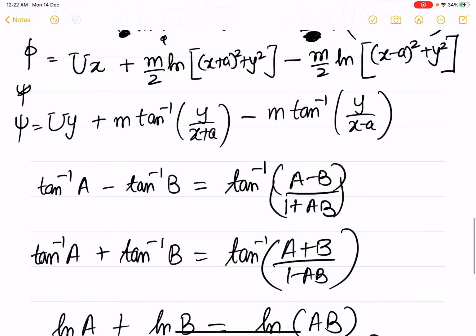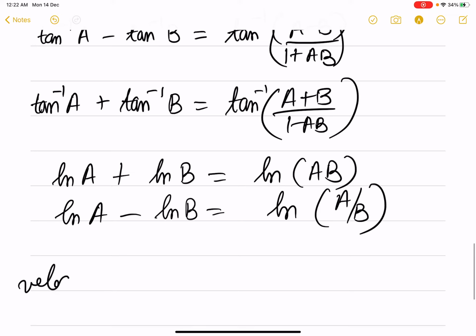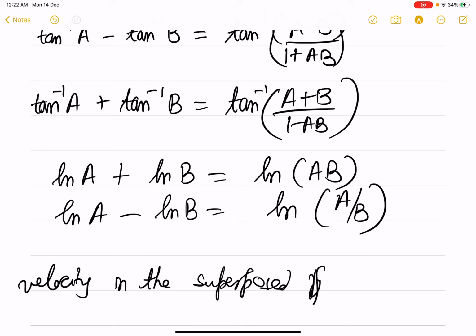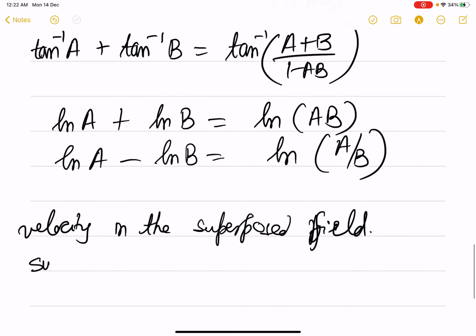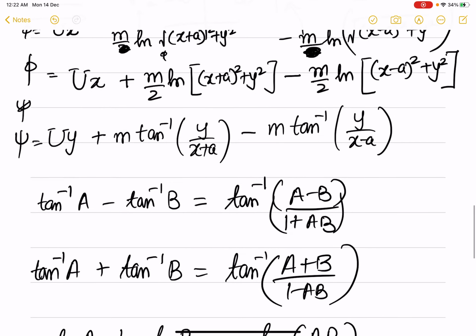But now one thing which you could see is that if you have to find the velocity in the superposed field, then the easiest thing is to keep the terms separate, because we can superpose the velocities also. So here, for example, I always like to differentiate log instead of tan inverse.